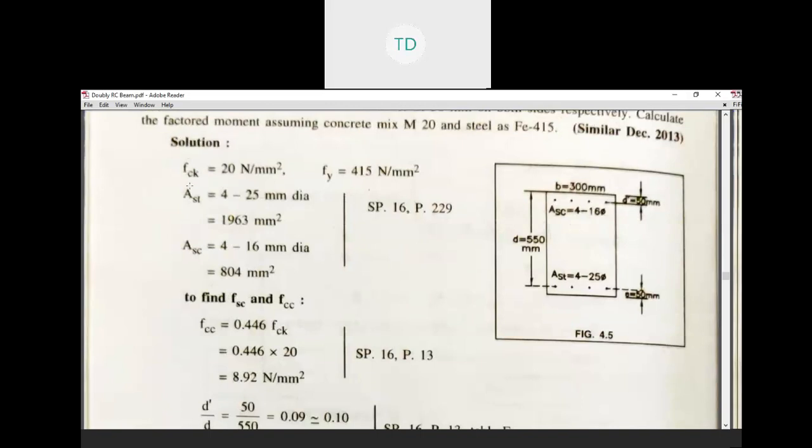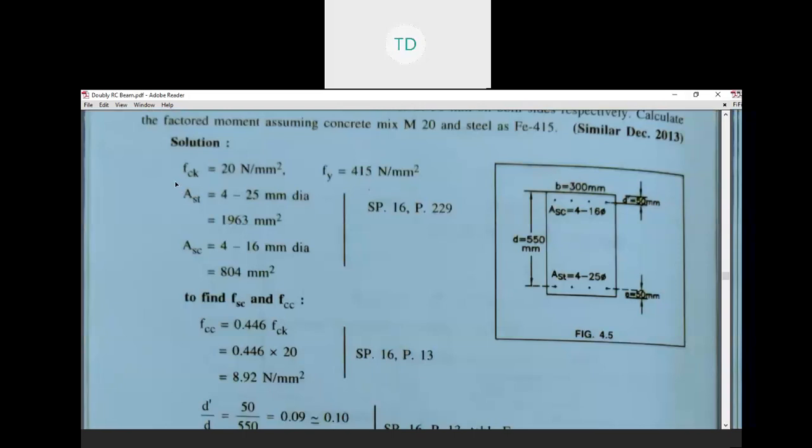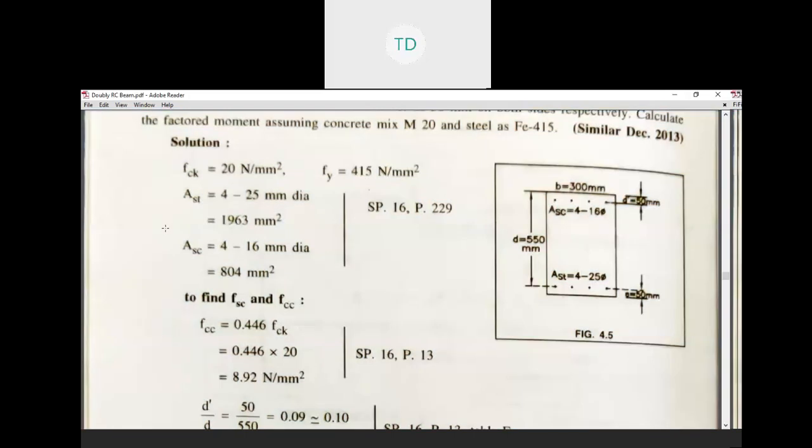Collect the data. We have fck, the grade of concrete, 20 Newton per mm square. fy, which is Fe415, is equal to 415 Newton per mm square. Ast: in the problem, they give us four numbers of 20 mm diameter bar at the tensile reinforcement side.